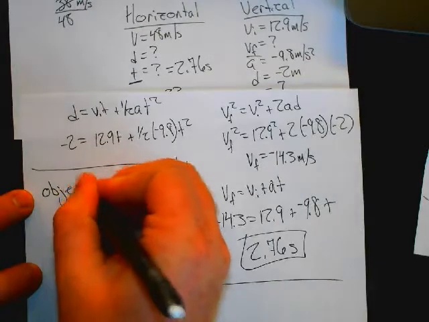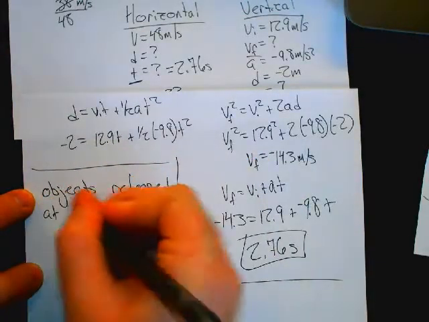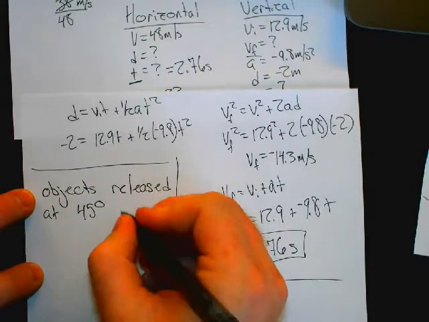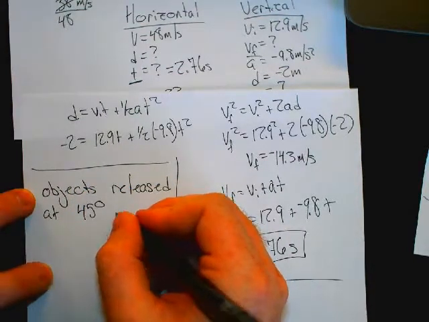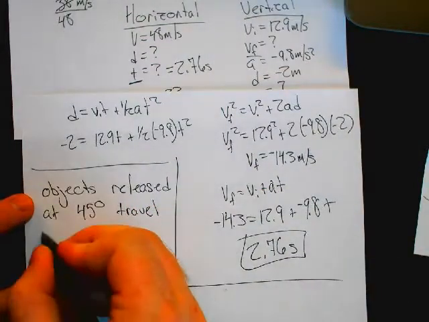Objects released at 45 degrees travel the furthest horizontal displacement.